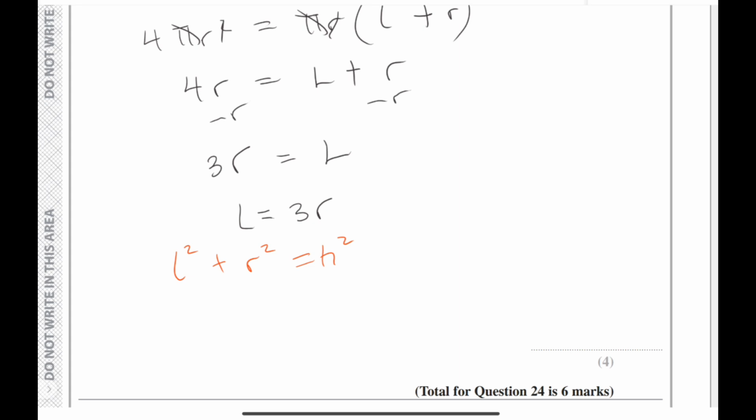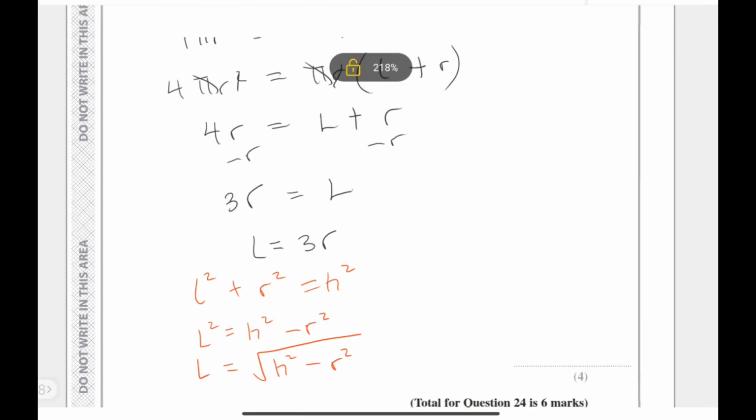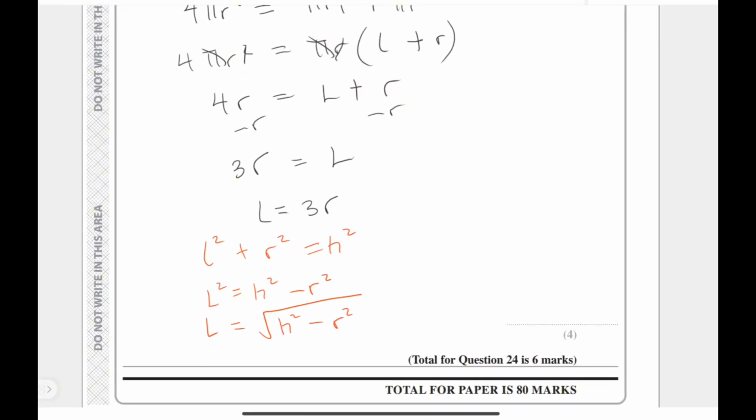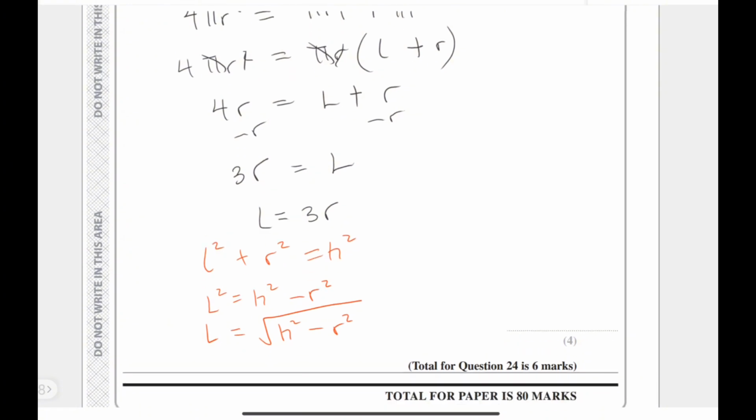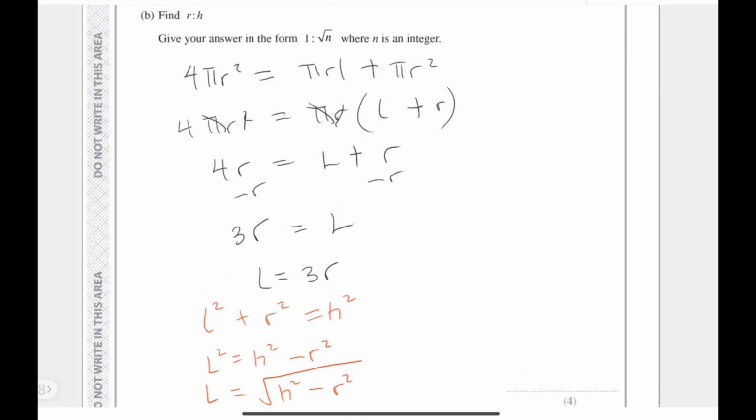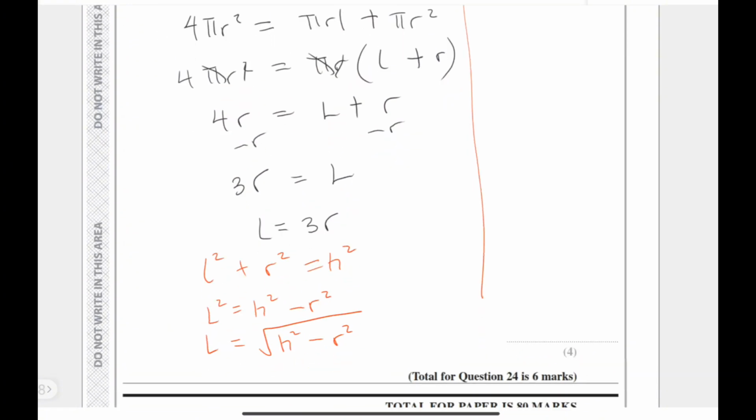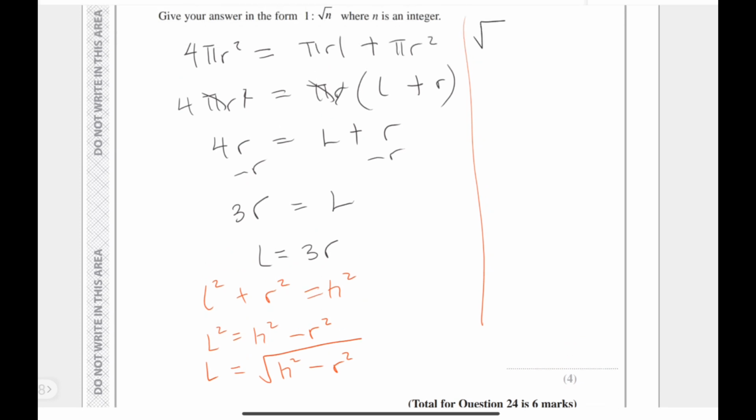So we need to make h the subject. So h squared is equal to l squared minus r squared. So h is going to be the square root of l squared minus r squared, right? So if I substitute for that here, I'm going to have the square root of l squared minus r squared.